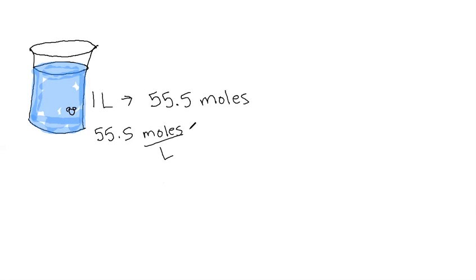And we have another unit that we use to describe that, which is capital letter M. Big M means moles per liter. So we could say the concentration is 55.5 molar, or has 55.5 molarity. But 55.5 big M means there are 55.5 moles of water molecules in this liter.